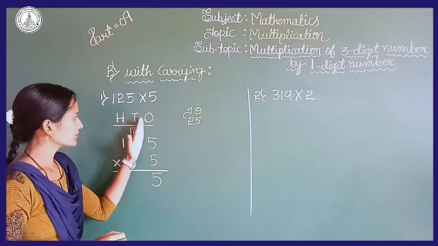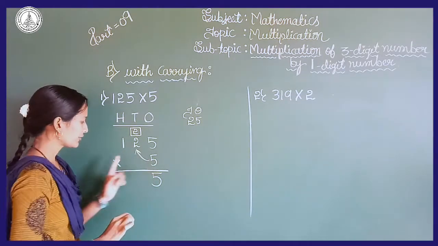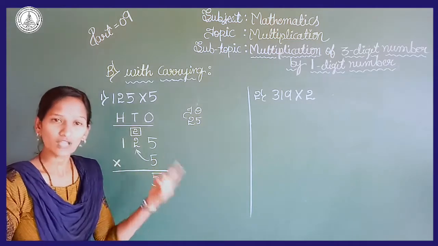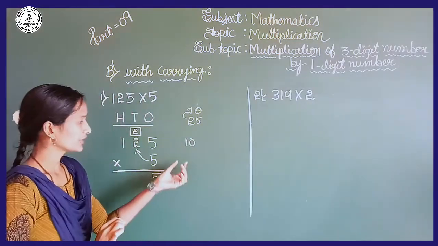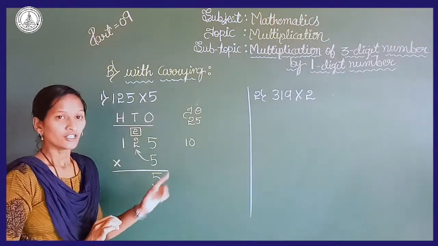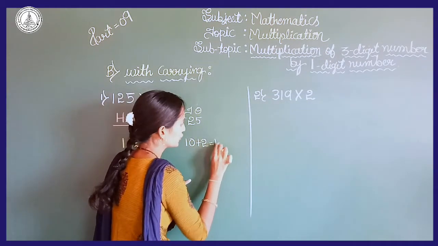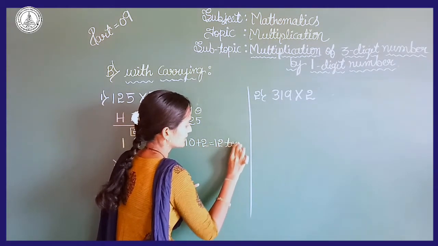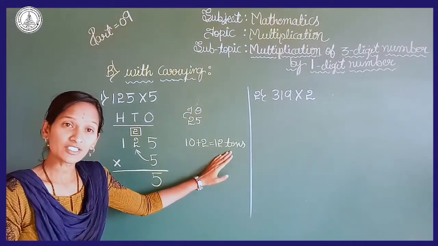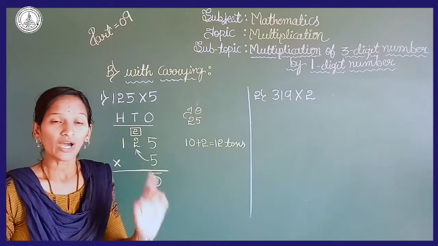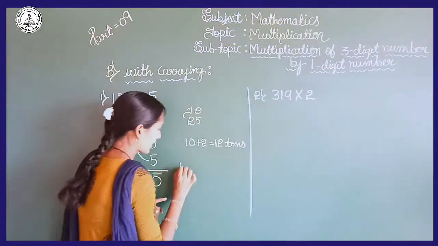So now come to the tens column. So 5 into 2. So 5 into 2 means 5 twos are 10, right? So here 10 tens are there. So 10 plus this 2, 10 plus 2, it is 12 tens. But in the first semester you already learnt 100 is equal to 10 tens, right?